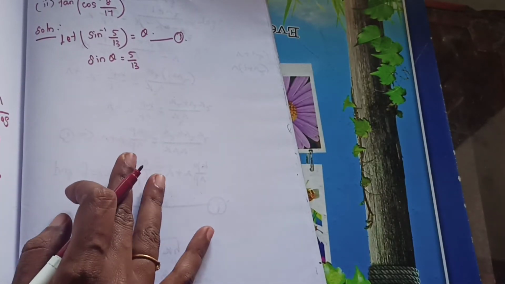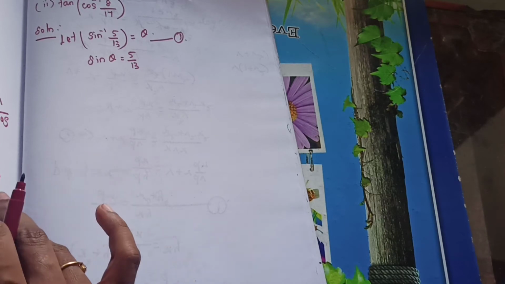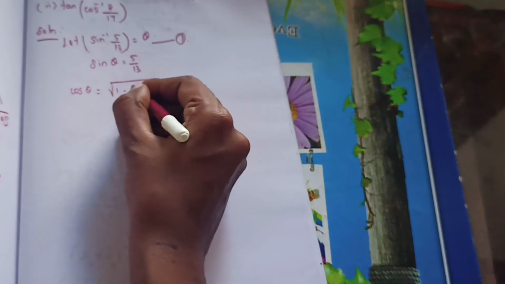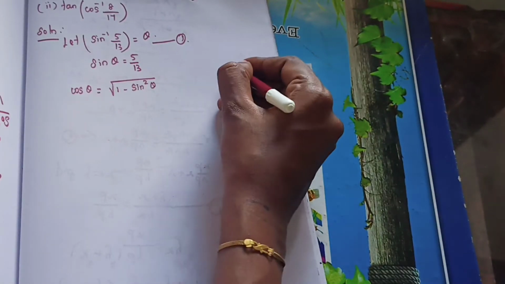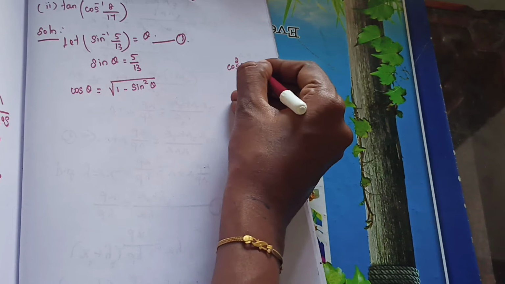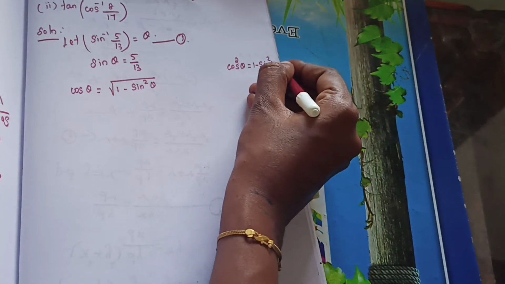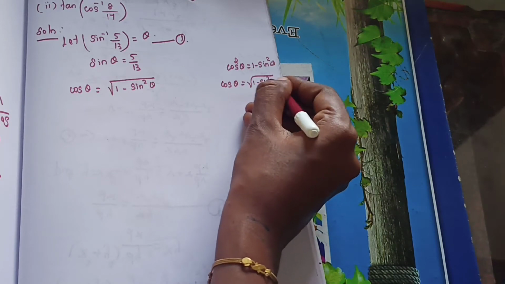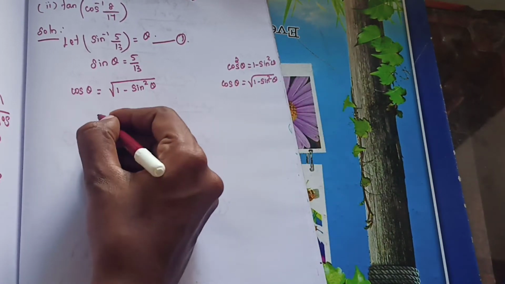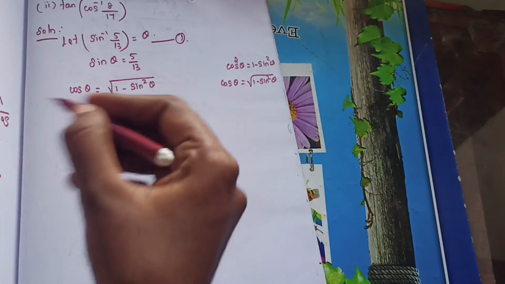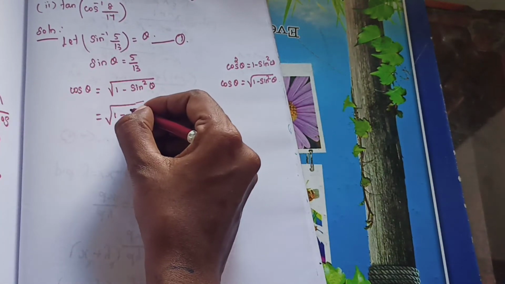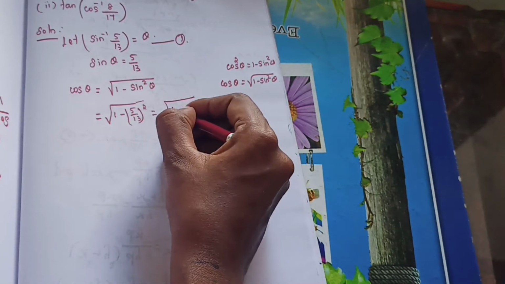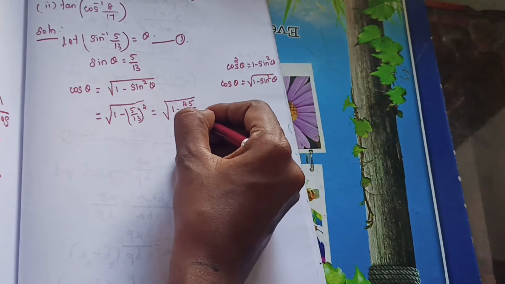Now you know the sine theta value. From this you need to find the cos theta value. What's the formula? Cos square theta equal to 1 minus sine square theta. From this, taking cos theta, square root of 1 minus sine square theta, that's equal to square root of 1 minus (5 by 13) whole square, that's equal to square root of 1 minus 25 by 169.